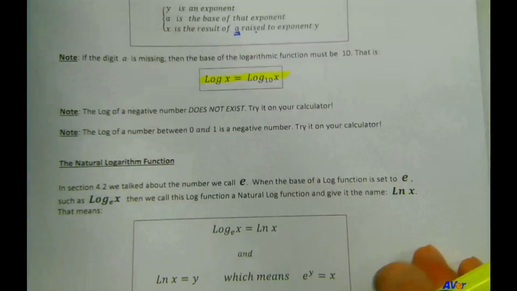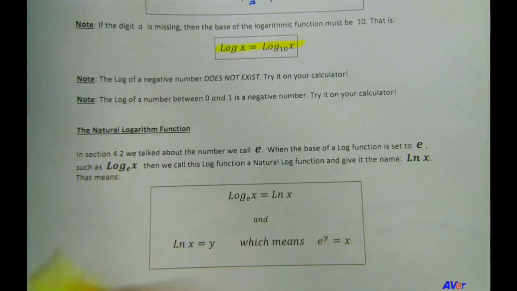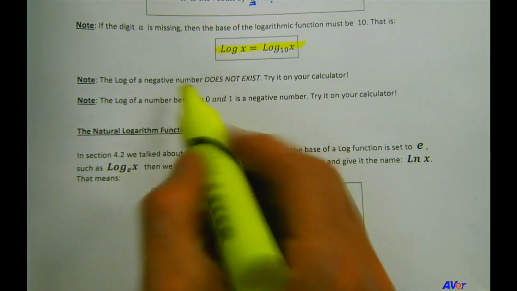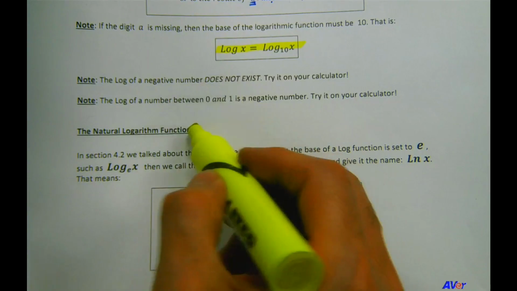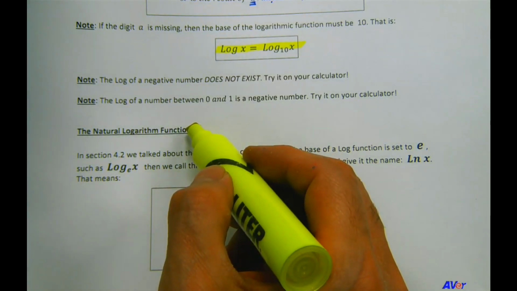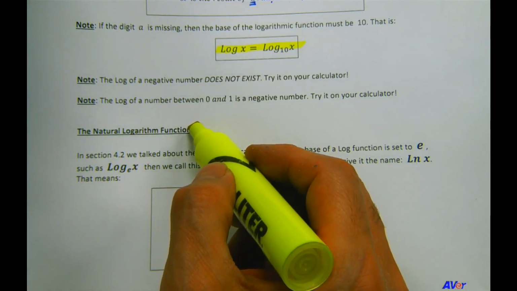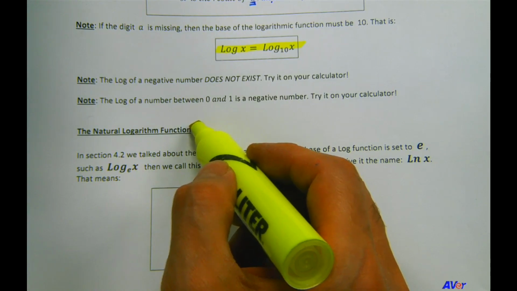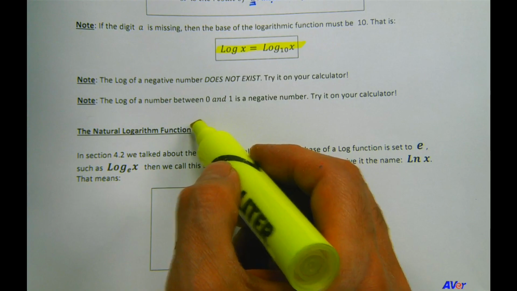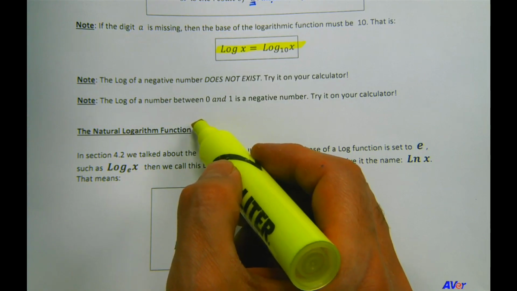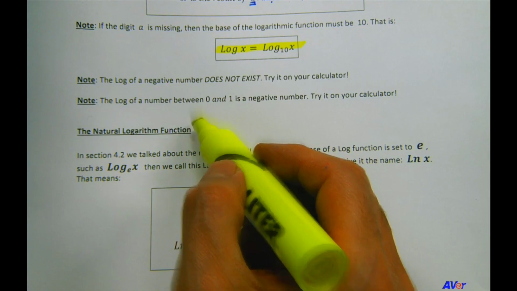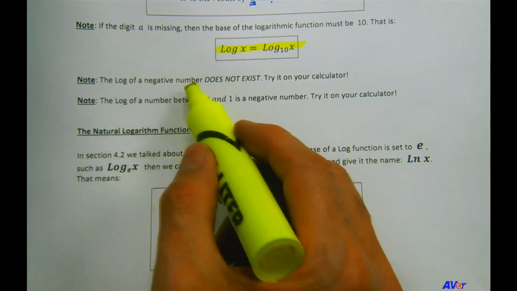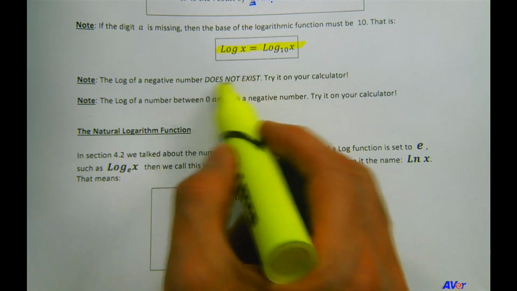The other thing that you should know is that the log of a negative number does not exist. Remember when we deal with rational expressions, these are fractions with x in the denominator or numerator. When we dealt with that, the denominator could not be 0, right? So with log functions, you cannot take the log of a negative number.